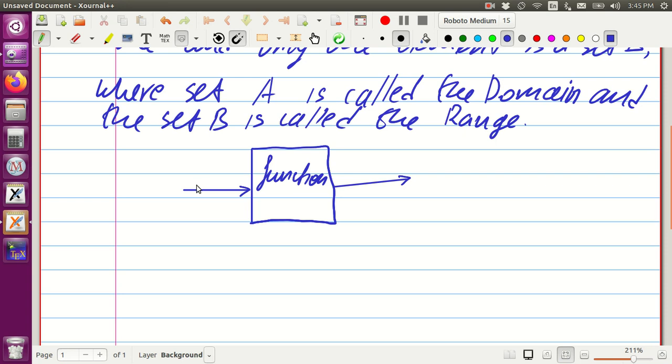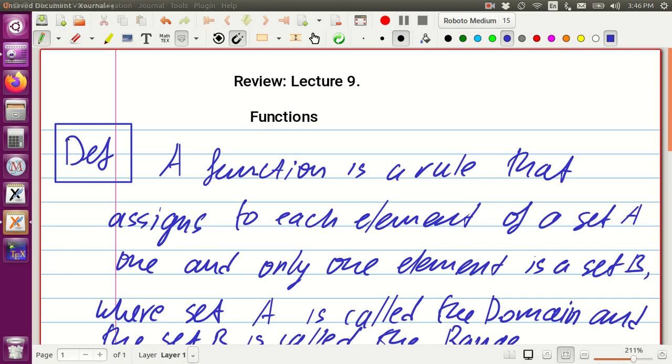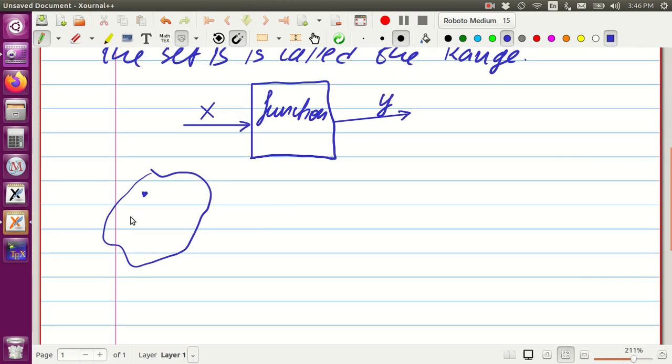The rabbit that we put in we will call X, and the bird that flies out we will call Y. So basically, this black box does the following: you have some set of items in this set over here, and this set is called A, and you have set B also with items over here.